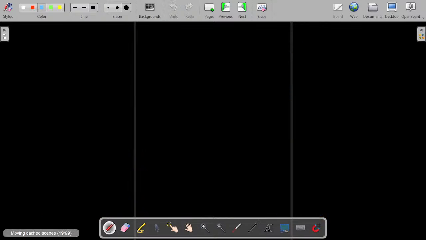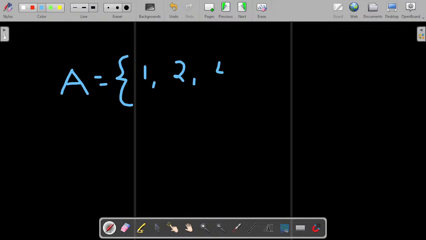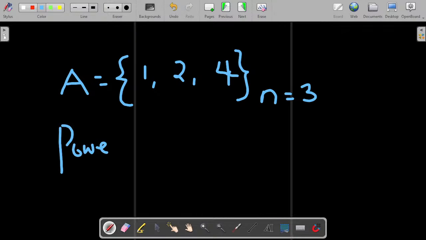For instance, if I have a set A, which is 1, 2, and 4, how many elements do we have in set A? It means that your n is 3. So what is now the power set?